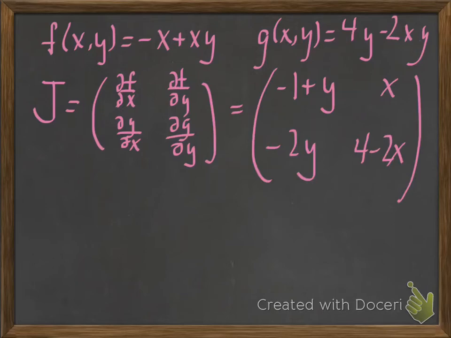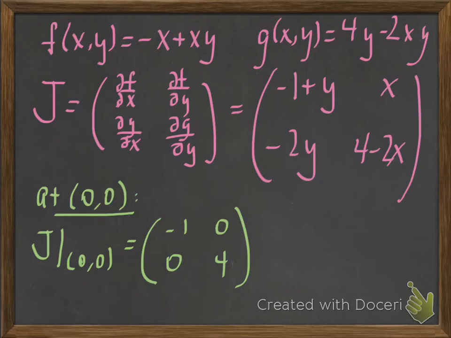So if I take my partial derivatives of f and g, I get the matrix -1 plus y, x, -2y, 4 minus 2x. Now I want to look at the Jacobian matrix at each of my critical points, and that is going to tell me what the linear system at that point looks like.